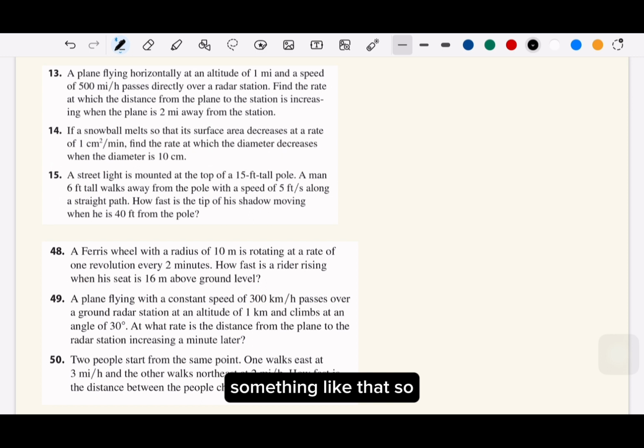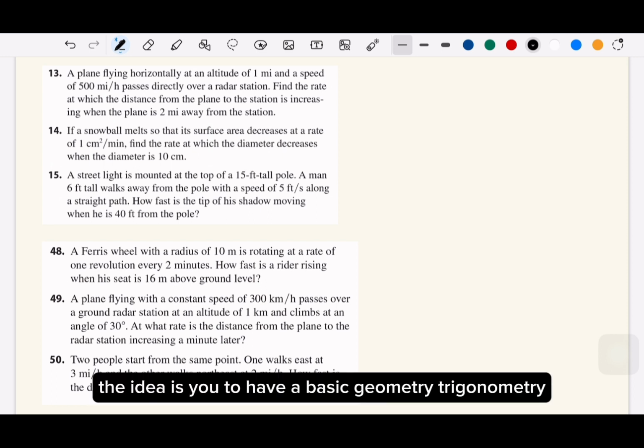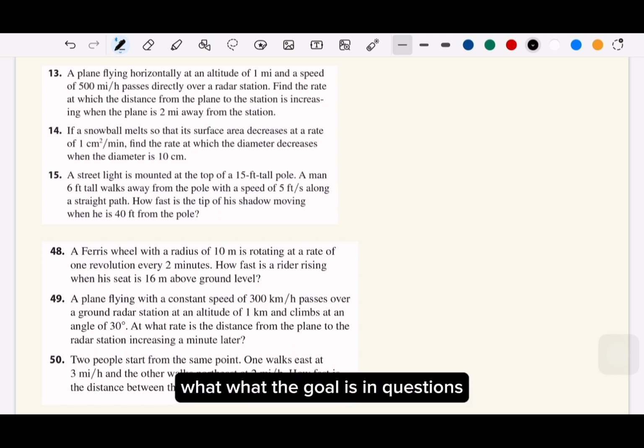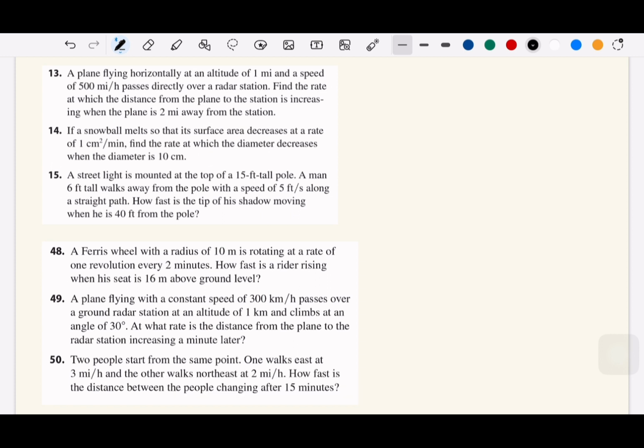So the idea is you need to have basic geometry, trigonometry, and also understand what the goal is in the question. As long as you understand all of that, and you can relate all the information within the questions, I suppose you can solve the problems.